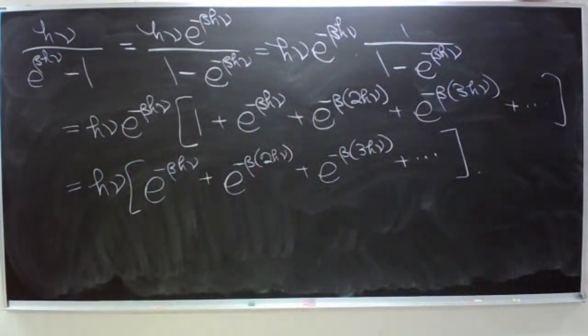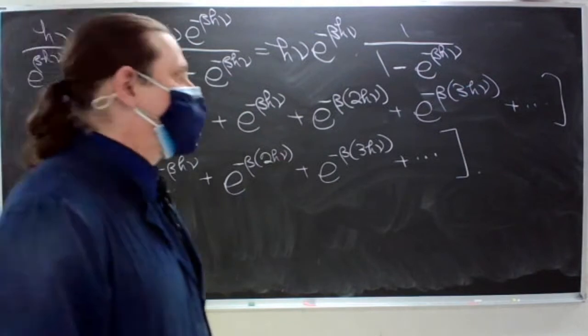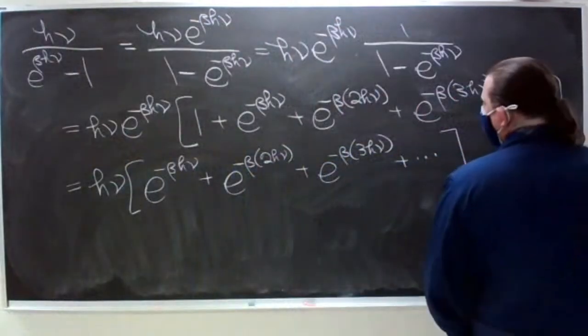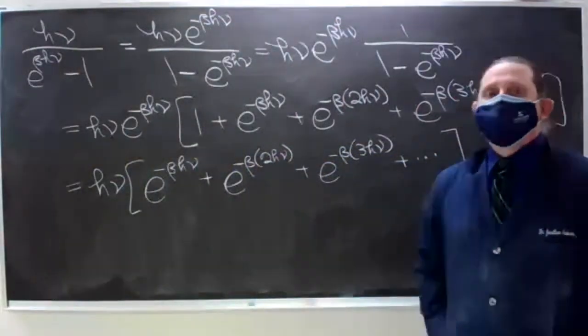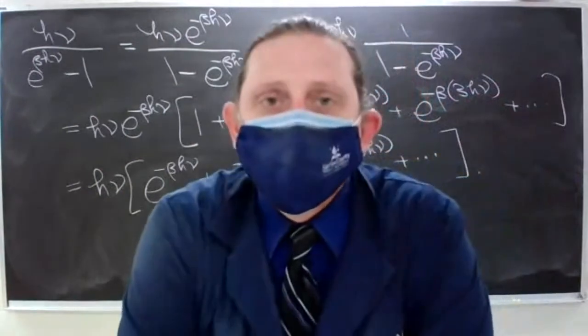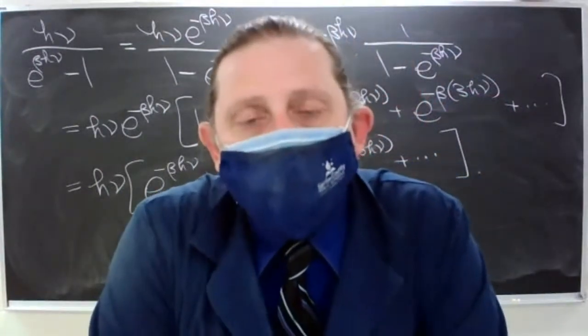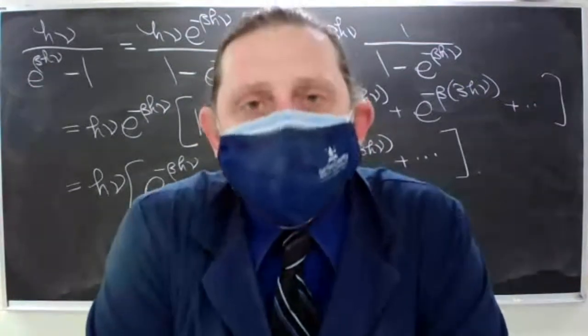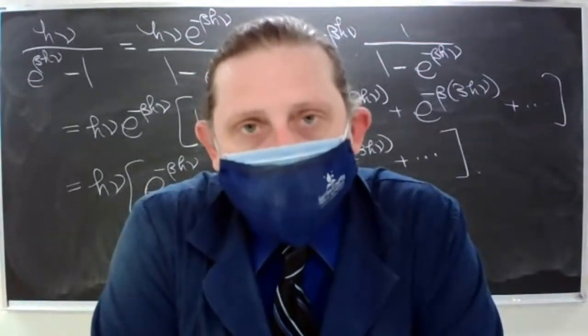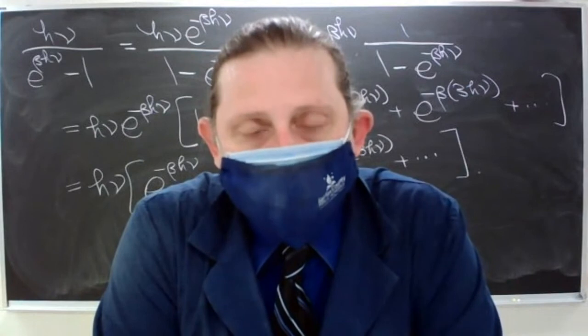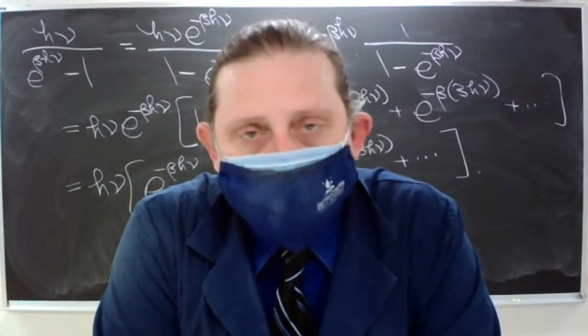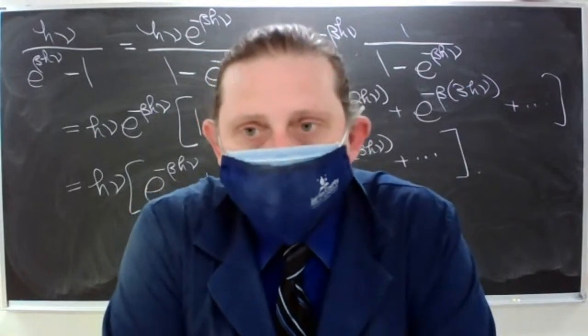So, from this perspective, the reason that this solves the ultraviolet catastrophe is that, unlike classically, there is a minimum amount of energy necessary to excite electromagnetic waves with frequency nu.